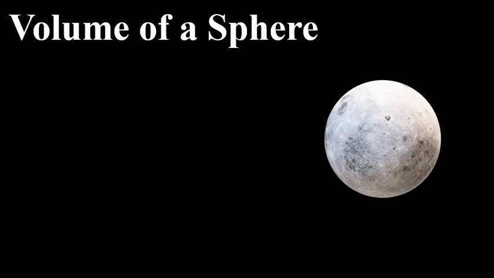Now the next question is, if the diameter of this sphere is given, let's say 8 centimeters, now find the volume for this. So pause the video and try it by yourself.